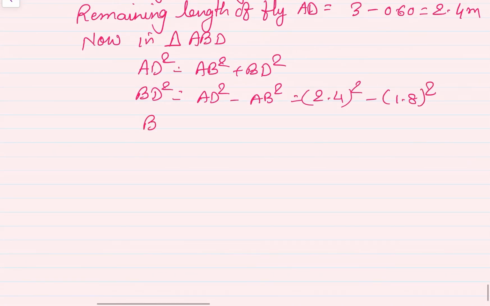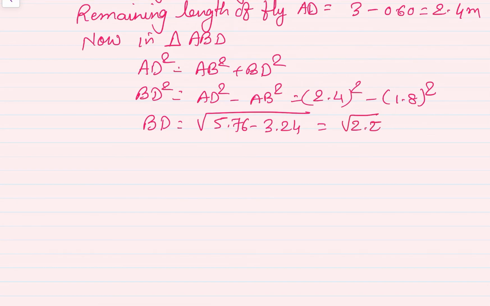So BD is equal to under root 5.76 minus 3.24, which is under root 2.52, that is equal to 1.587 meters, which is approximated to 1.59 meters.